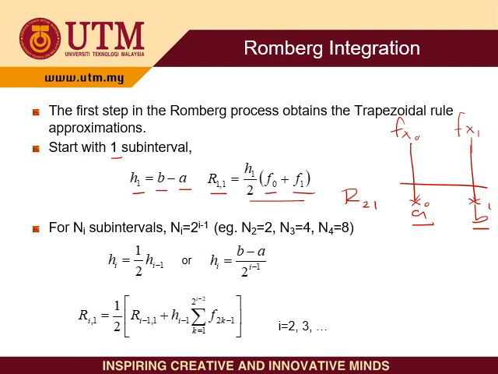But for the next subinterval, let's say n2 is equal to 2 to the power of 1. So n2, we have subinterval 2. So subinterval 2 means that you will have two subintervals now. Before this, only one subinterval, n1. Now n2, you will have two subintervals where this is your A, this is your x1, this is your B. So this is actually your x0, x1, and x2.